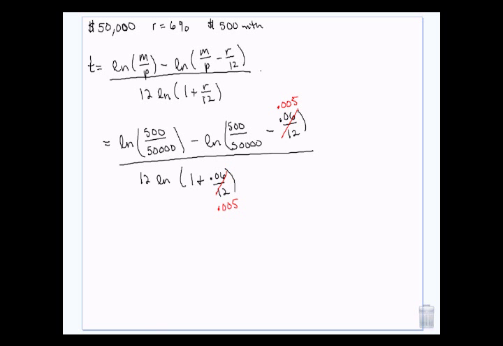And 500 divided by 50,000, that's 0.01. And then 0.01 minus 0.005 is 0.005. That's convenient.